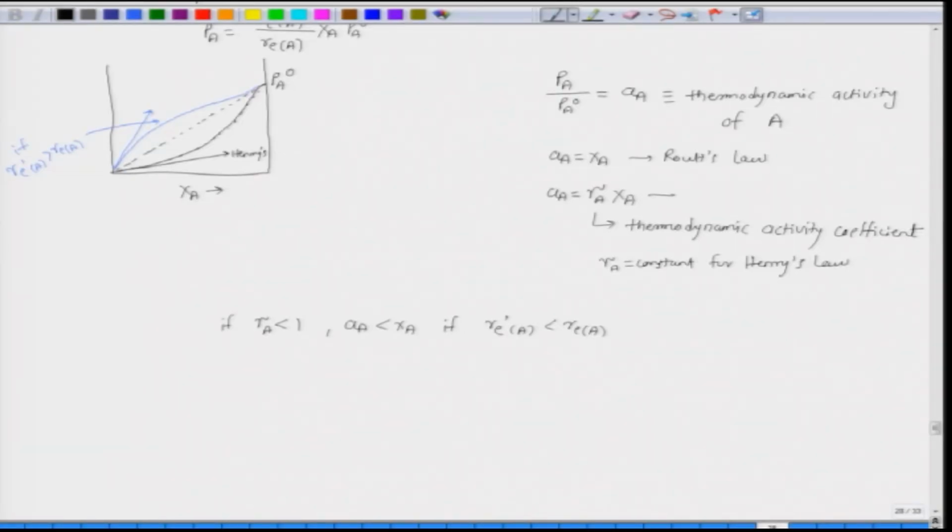If activity aA is less than xA, that denotes negative deviation, which means the intrinsic escaping tendency of A is reduced by going into the solution. On the other hand, if we have aA greater than xA, in that case the intrinsic escaping tendency of A increases by going into the solution.